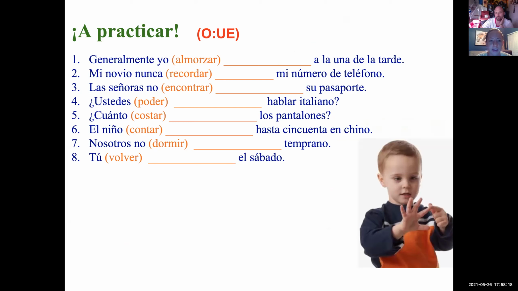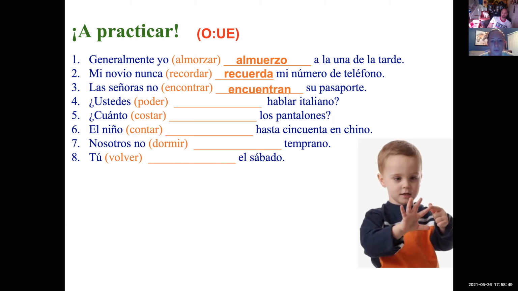Generalmente, yo almuerzo a la 1 de la tarde. Mi novio nunca recuerda mi número de teléfono. Las señoras no encuentran su pasaporte.